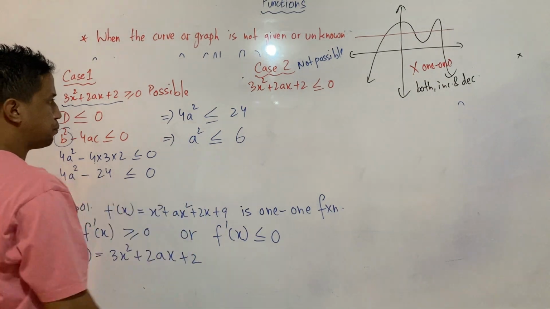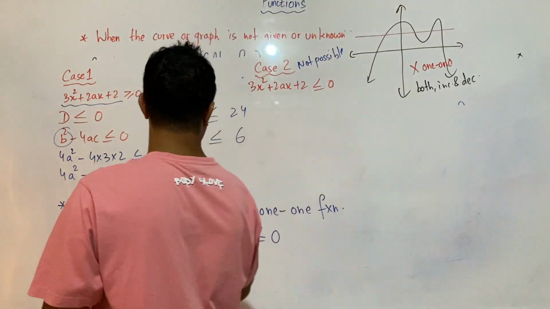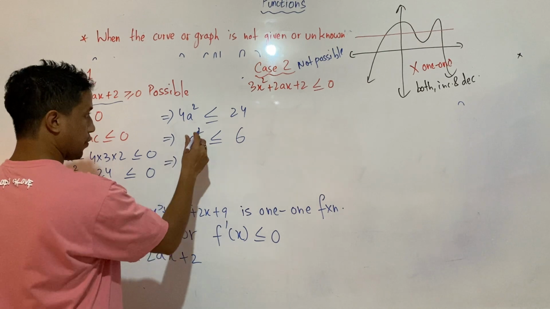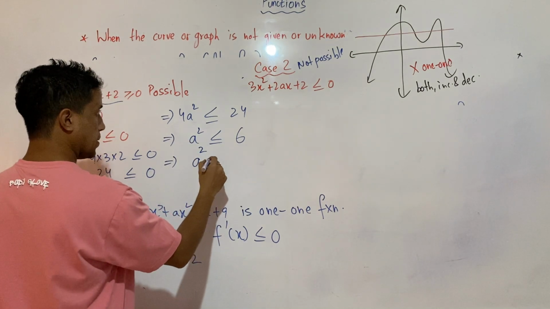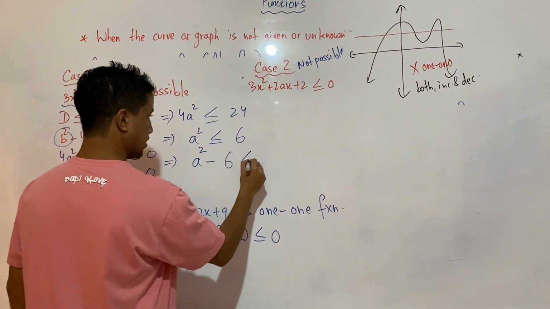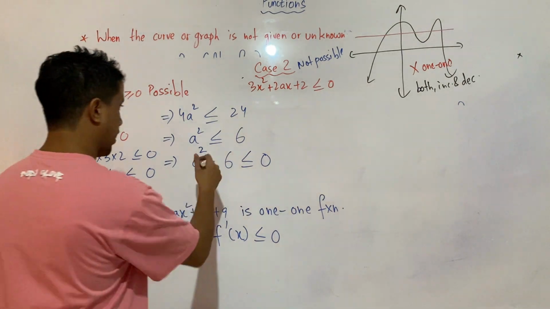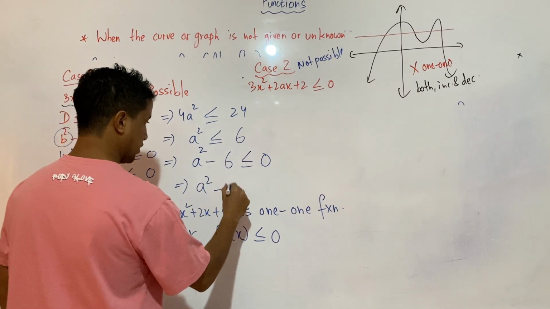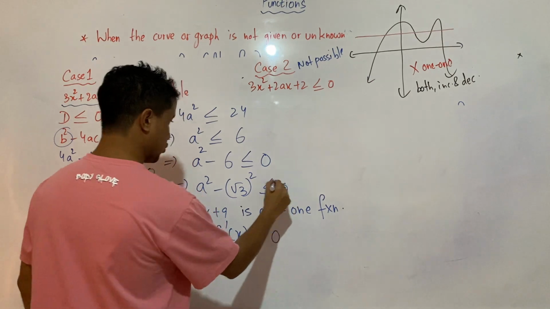Now, a square minus 6 less than or equal to 0. Can I write it like this? And from here, can I write a square minus root 3 square less than or equal to 0?